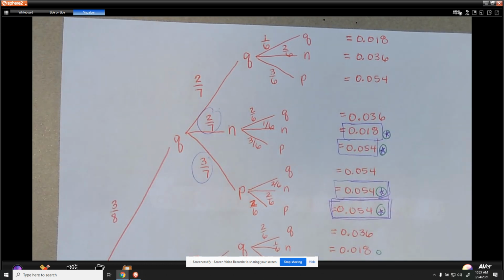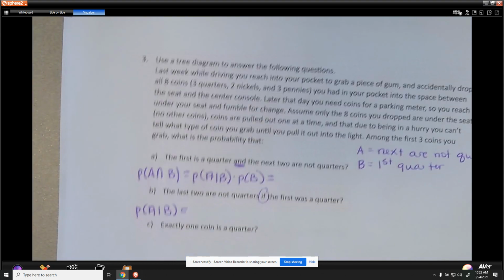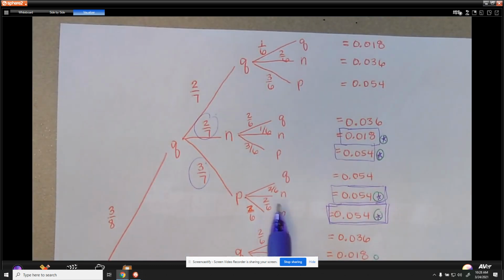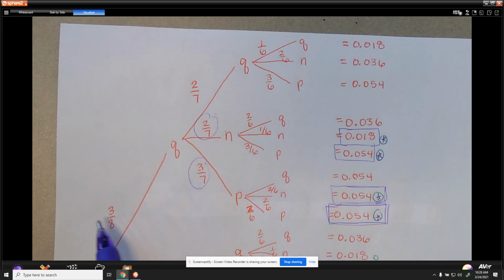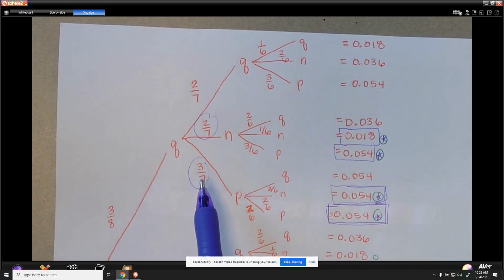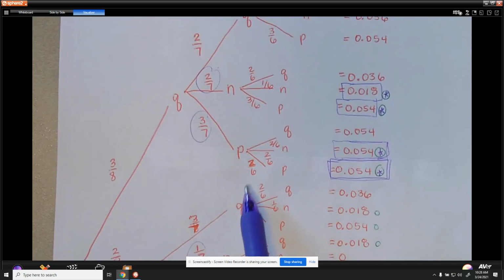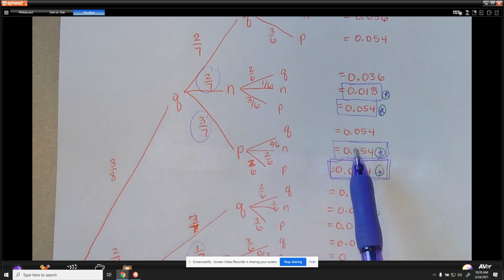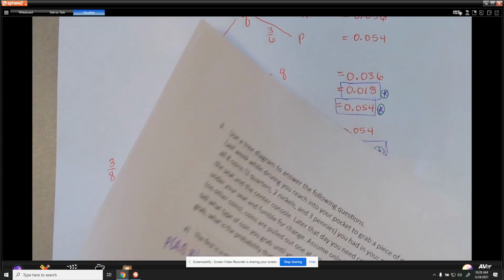All right, so there we go. We can add all these up because we are adding vertical lines. I've got 3 that are 0.054. And again, I got these calculations from multiplying across. So I did 3/8 times 3/7 times 2/6 to get this number, and then 3/8 times 3/7 times another 2/6 to get this number. So this is where these calculations came from.